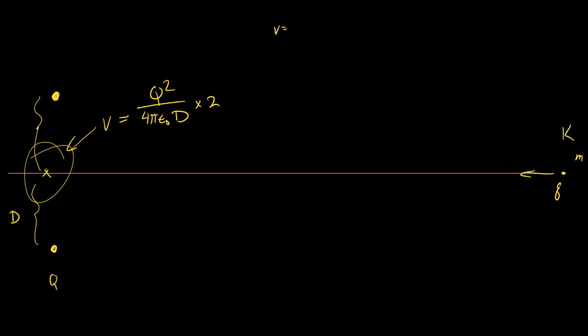That means the electric potential energy will be 2Qq over 4 pi epsilon naught times d. All you had to do is set that equal to 1/2 mv squared, and now you can solve that for v.